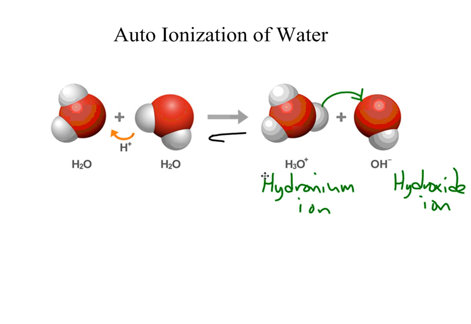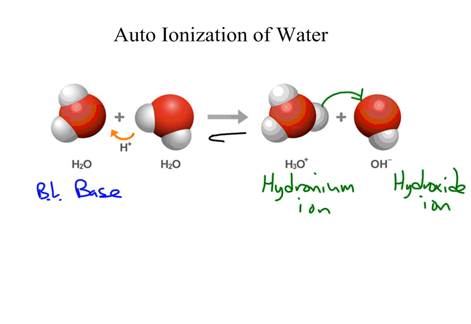The other thing that's important for us to keep in mind here is our acid-base idea. Because the water molecule on the left is accepting a proton, that is the Bronsted-Lowry definition of a base.